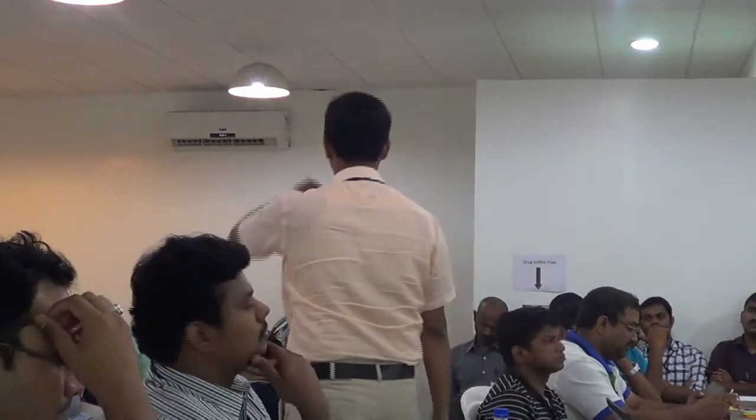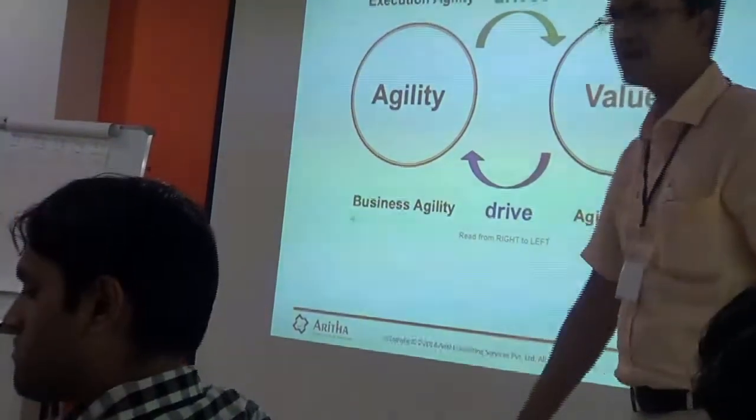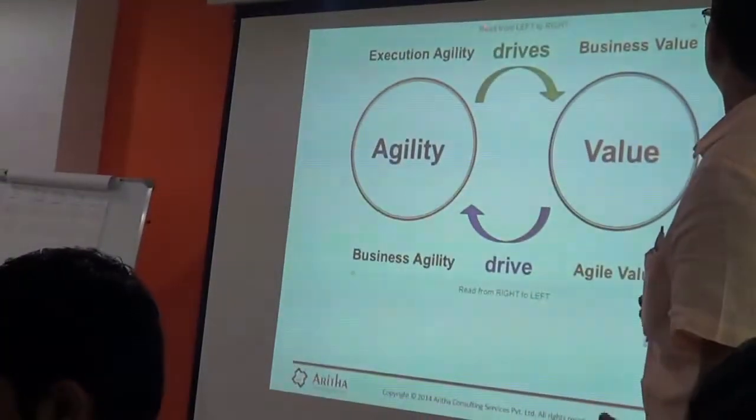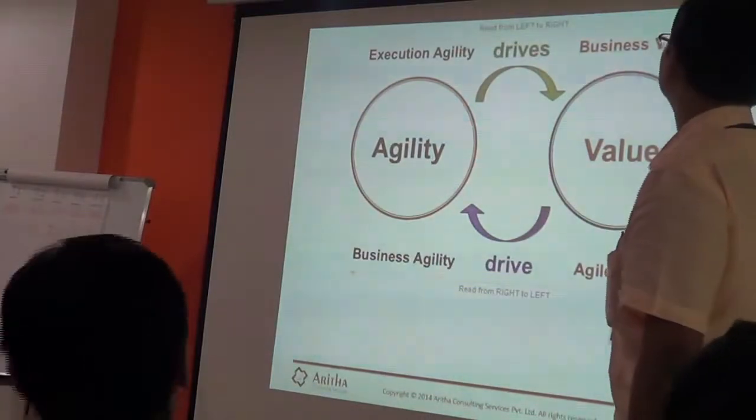Not just leaders, as someone rightly pointed out. Every level needs execution agility, and it can be driven by good leaders in the organization. So read these very misused and abused terms, in a more appropriate manner, from left to right: your execution agility drives business value.